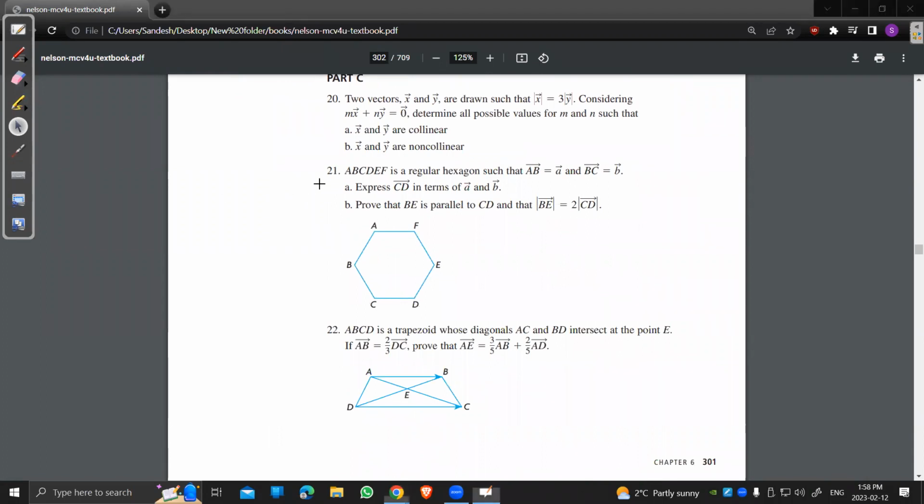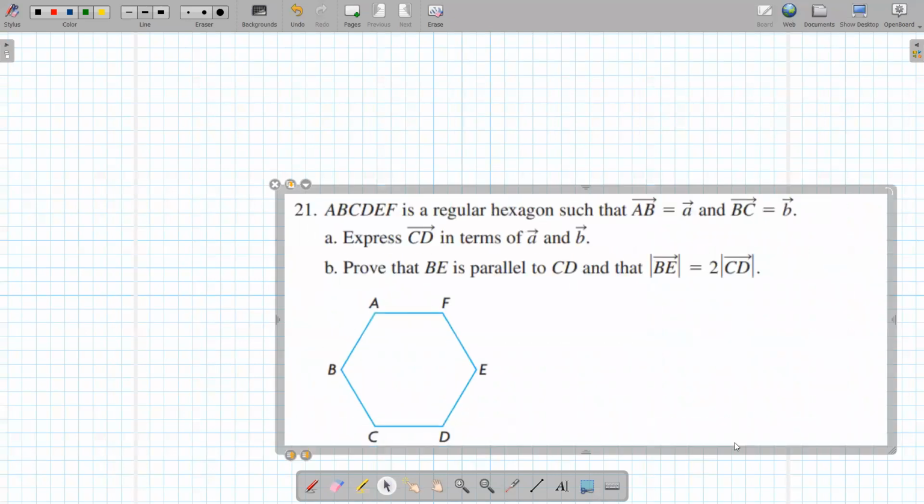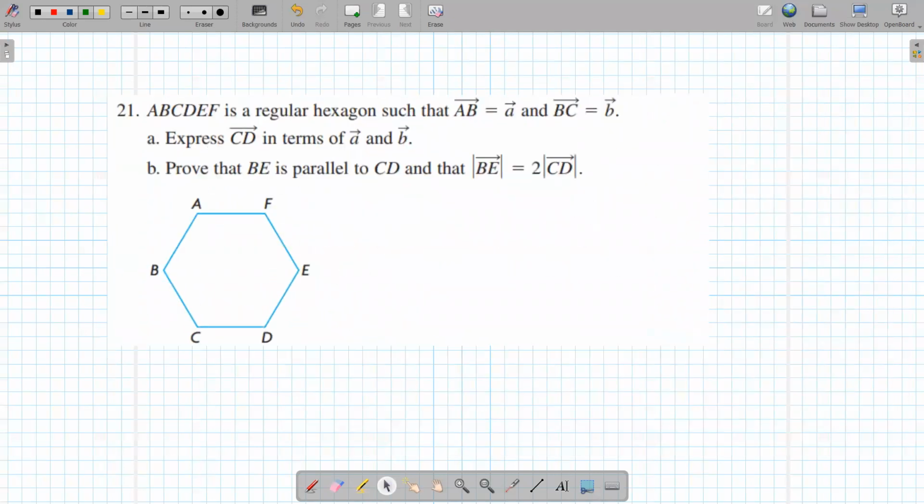Okay, we can do this one. So we know AB is A, this vector is A, and BC is B, yeah? Okay, cool.